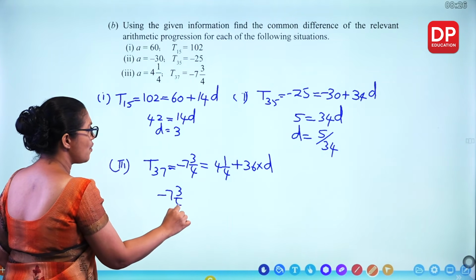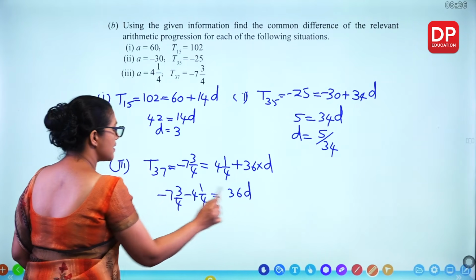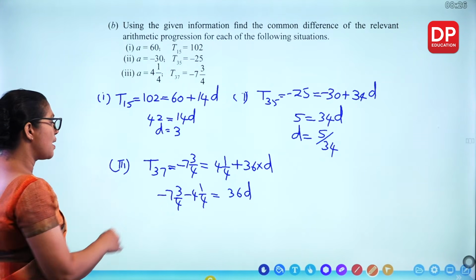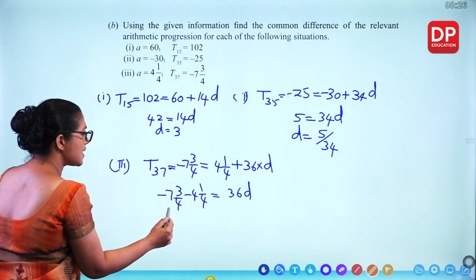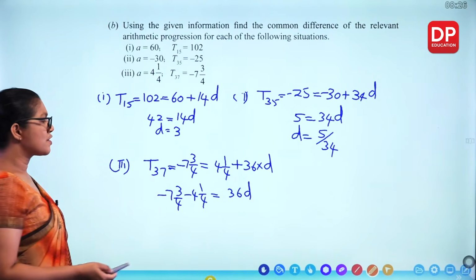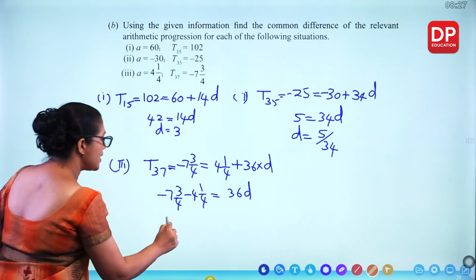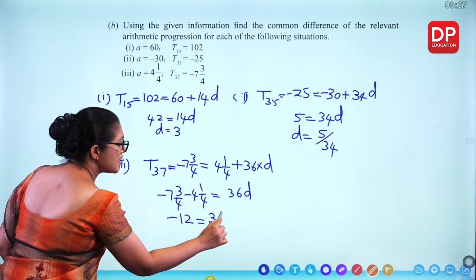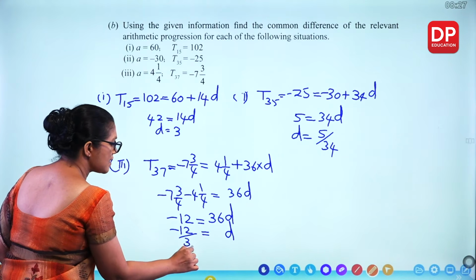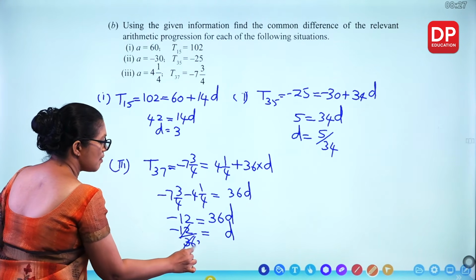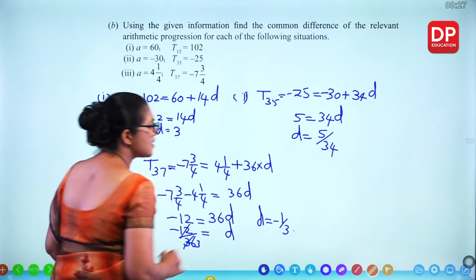Minus 7 3/4 minus 4 1/4 is 36D. Now here minus 7 minus 4, you are getting minus 11. Minus 3/4 minus 1/4, you get full 1 part. So what's the answer? Minus 12 is 36D. So D equals minus 12 divided by 36. You get minus 1/3. So D equals minus 1/3.